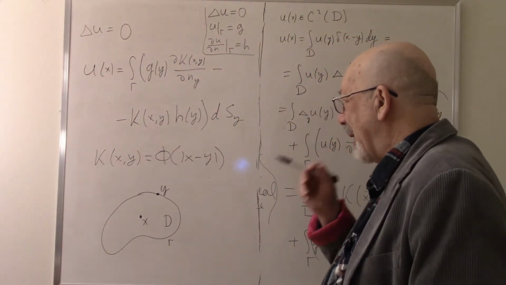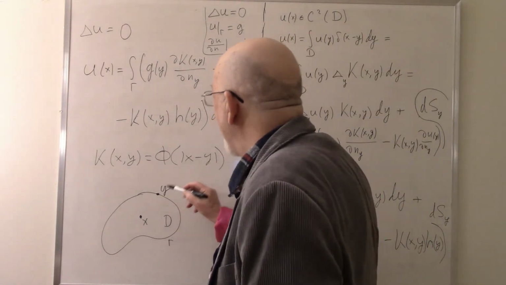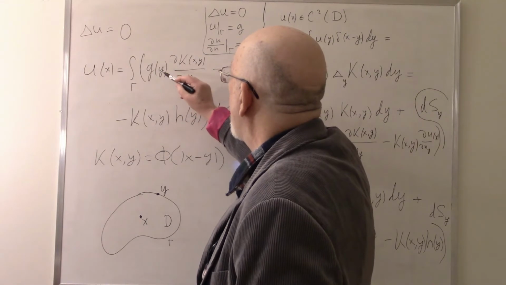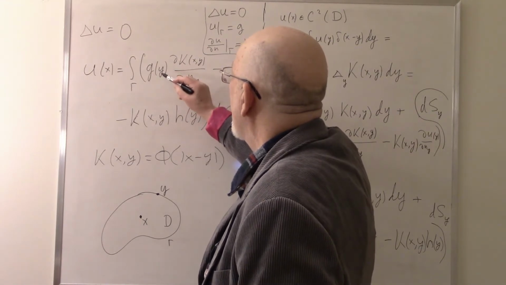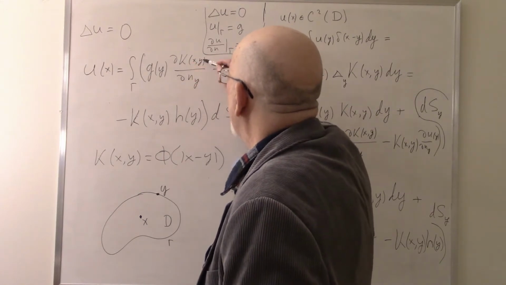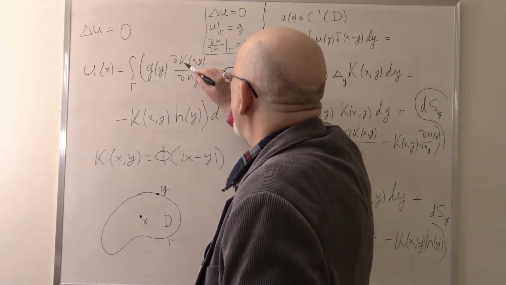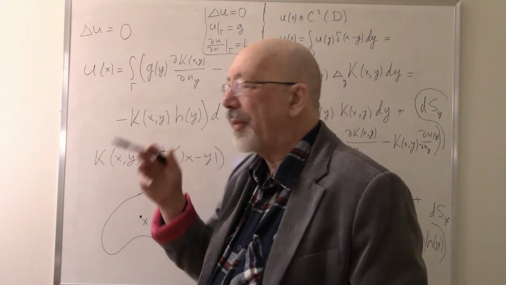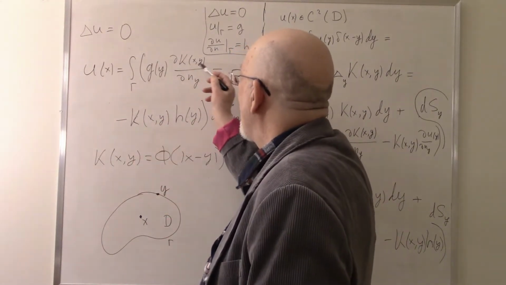For every y, g of y is a number for a fixed y, and here there is a function of x with parameter y, and k is a smooth function outside of x equal y.